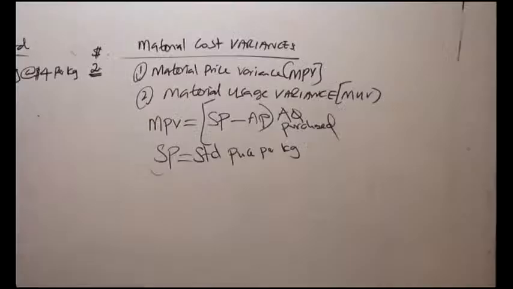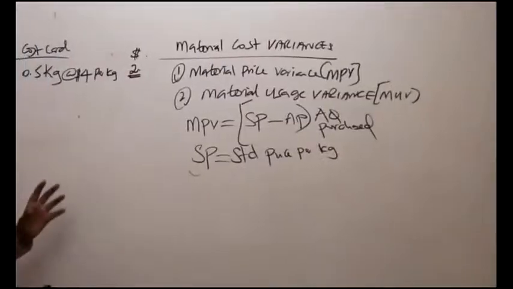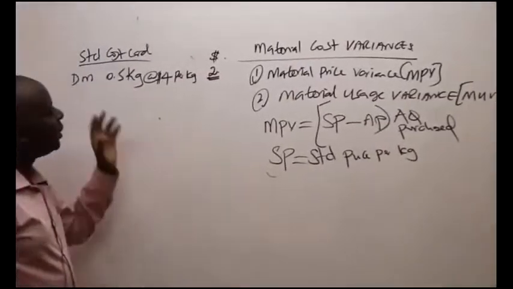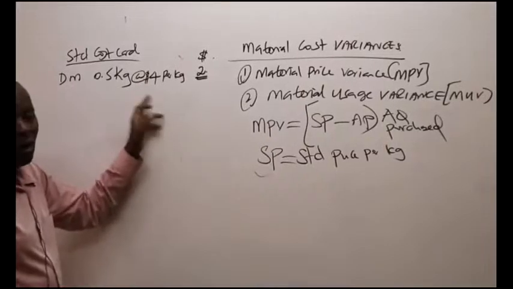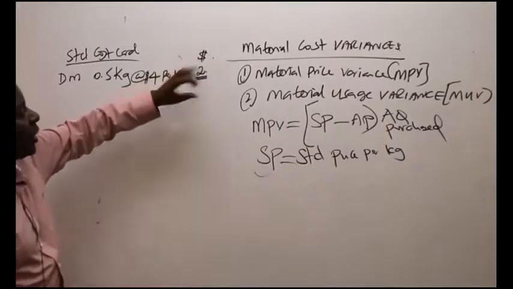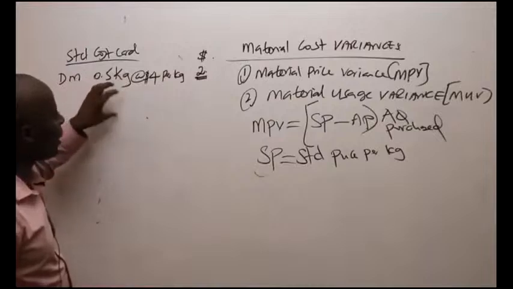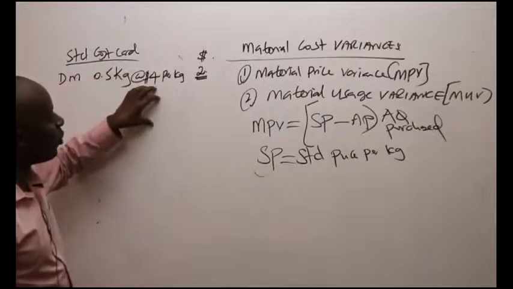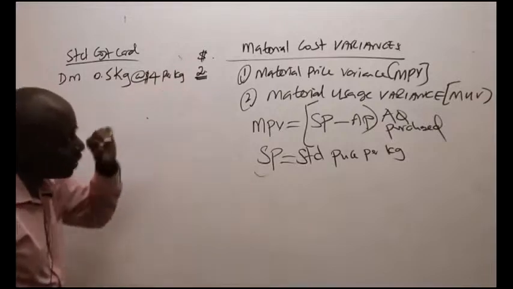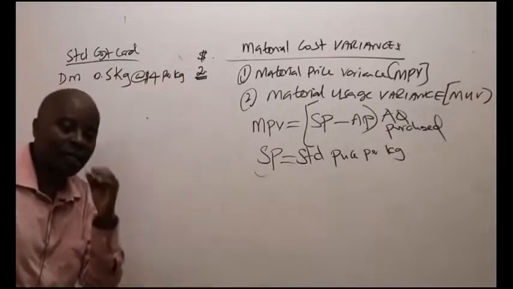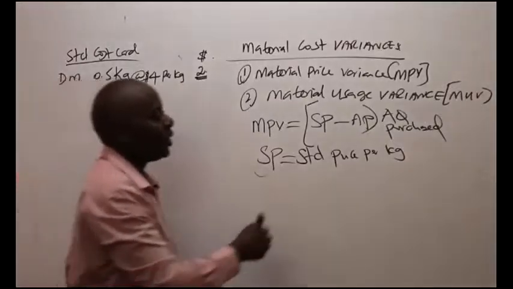We have 0.5 what here, somebody? Kilograms. And each kilogram is going for 4. So a whole unit, which requires 0.5 kilograms, each kilogram going for 4, each unit will be costing us 2. But remember here we are talking of standard price per kg. So the standard price per kg here is 4.